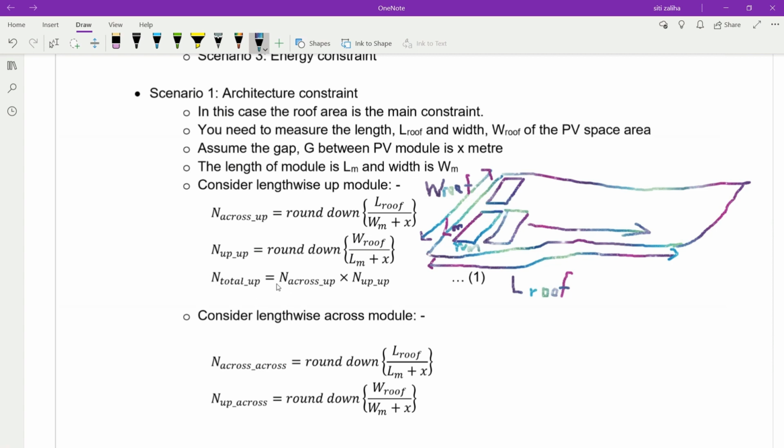So n total up equals n across up multiplied by n up. So n up is this direction. Why do we round down? This is because if we round up, it already exceeds this area. If we round down, the number of modules does not exceed this space.